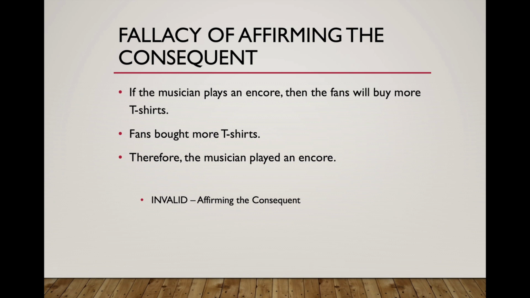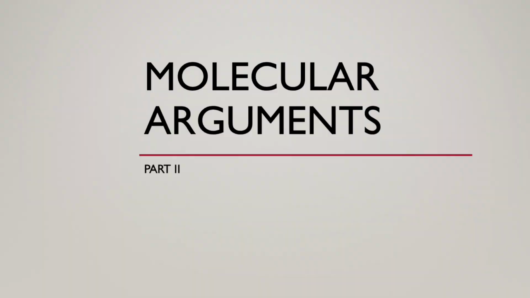Therefore, the musician played an encore is not a certain or logically necessary conclusion. It is an invalid form because in this case, the second premise affirms the consequent. It says the consequent has come about, but we don't know that the consequent has come about simply because the antecedent was true. So in this case, we commit the fallacy of affirming the consequent.